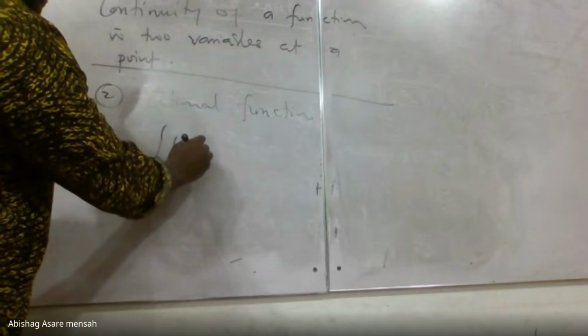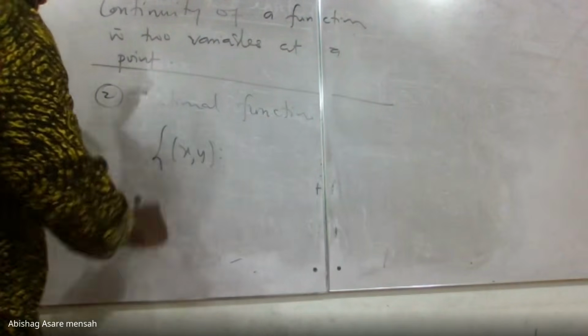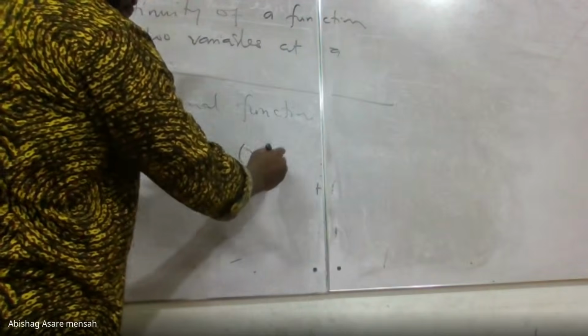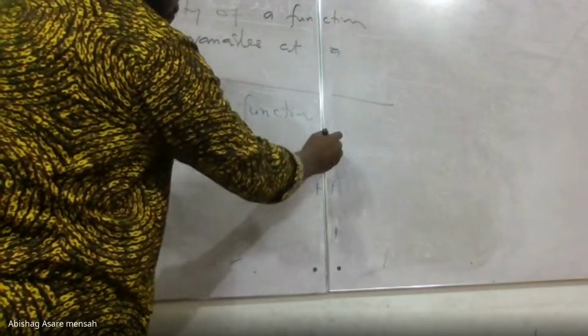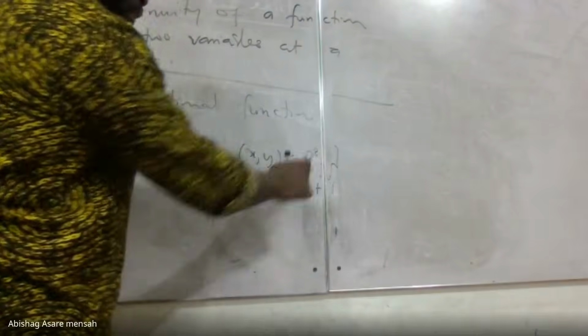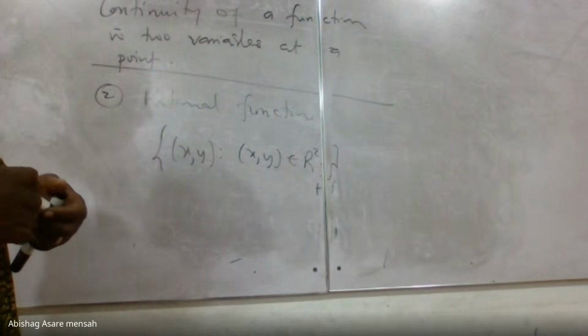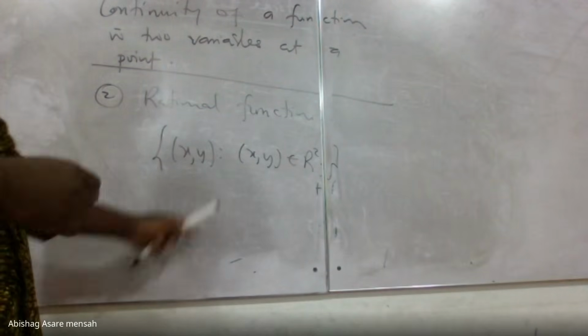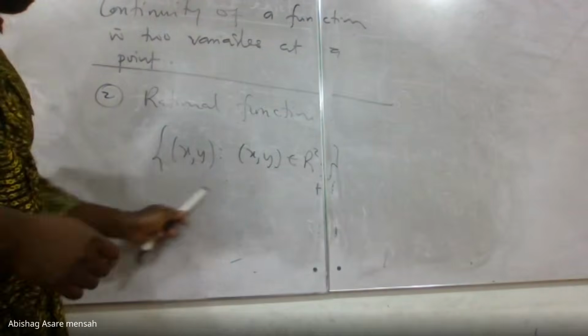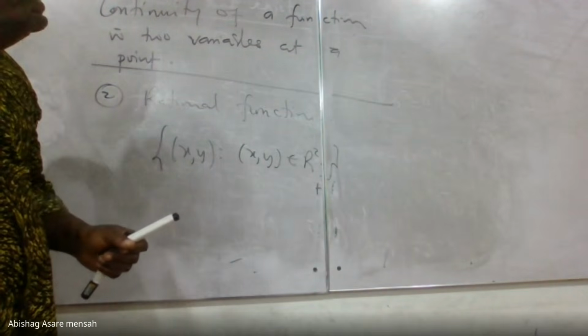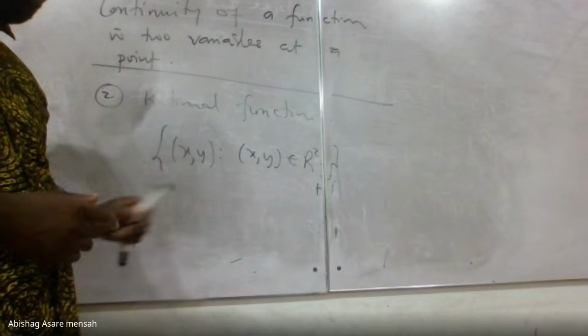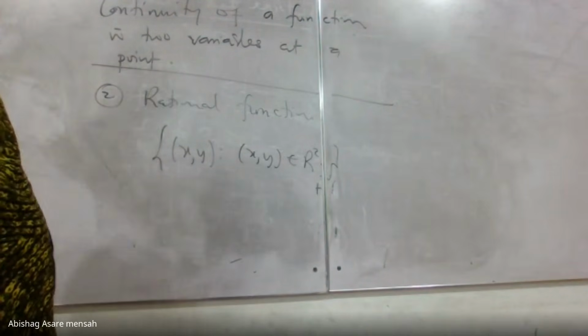You wrote f of x, y in brackets, and that x, y belongs to all real numbers. Now, bringing these two because it's in two dimensions, the x and y. What I said is the meaning: for all real numbers the polynomial or the function will be continuous.